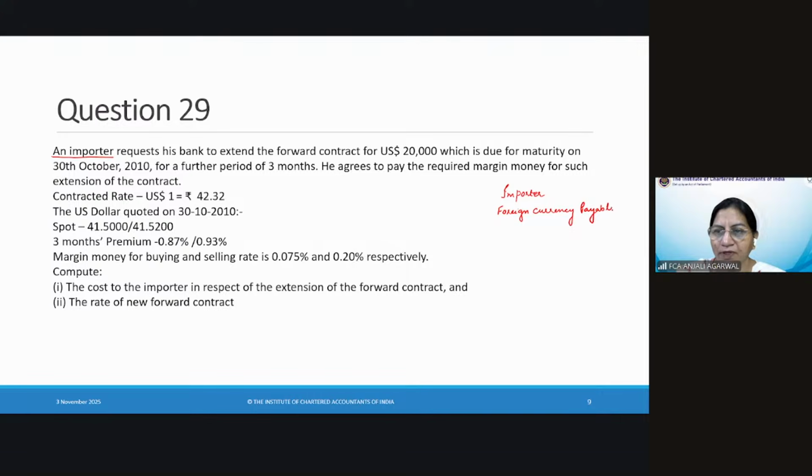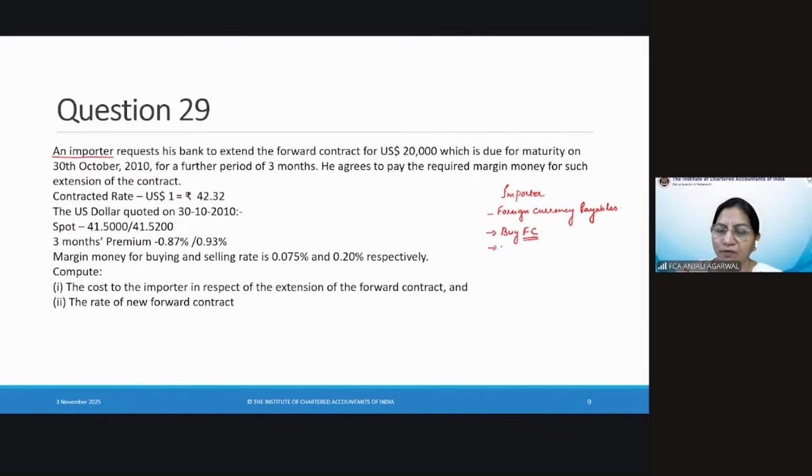So our importer has foreign currency payables. Since he has foreign currency payables, he would want to buy the foreign currency. I'll write foreign currency XC.